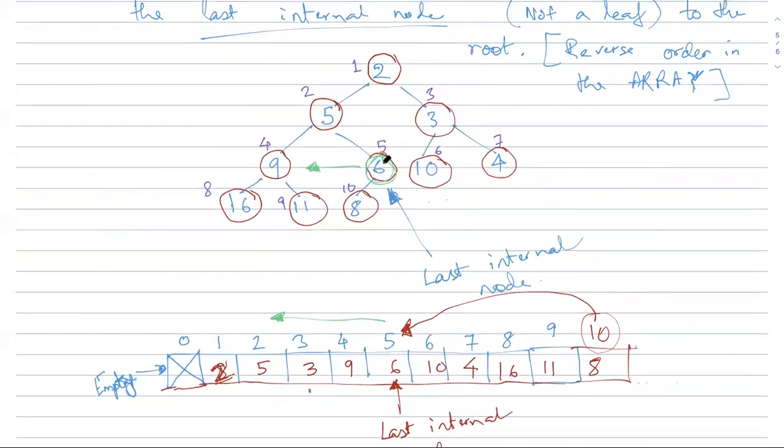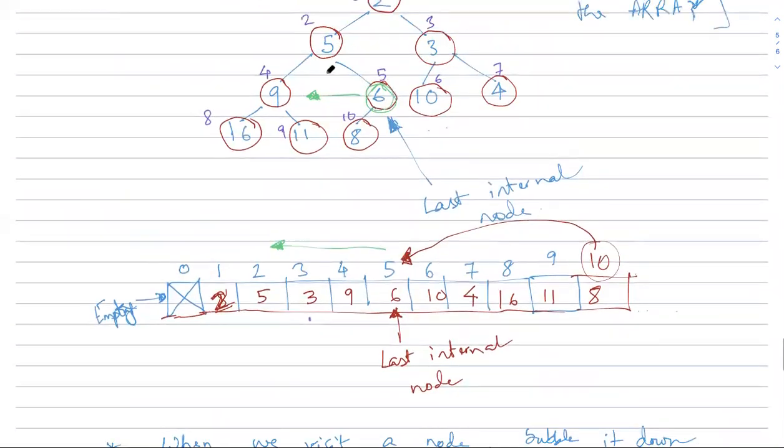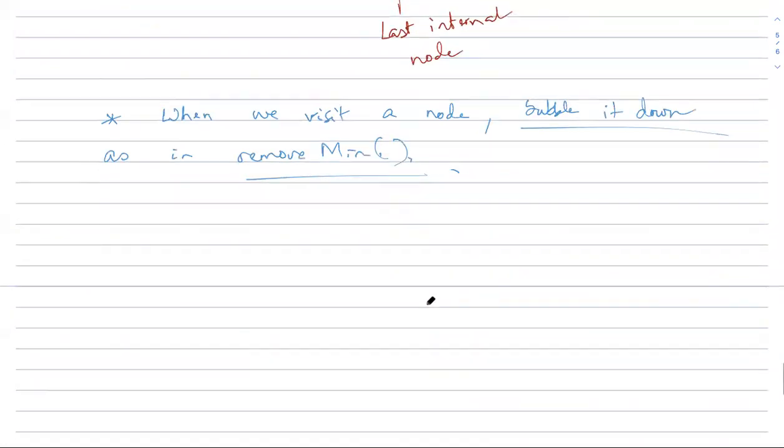So from here, you take the 6 and we try to position this 6 in its appropriate place by bubbling it down. So at any given level, we keep bubbling down.